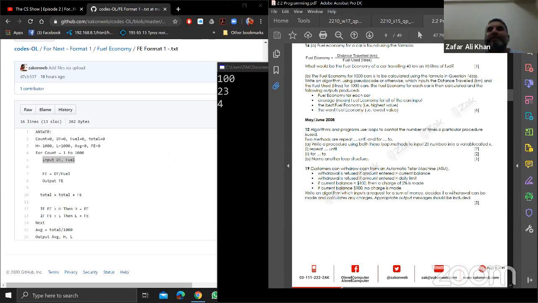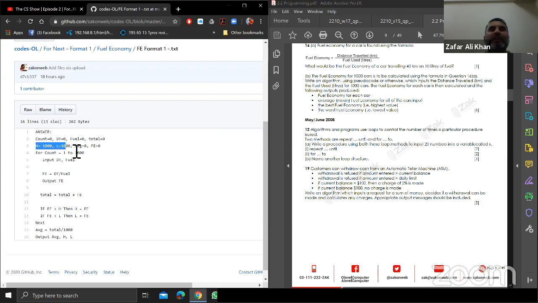Then it asks for the highest, the best fuel economy, and the lowest, the worst fuel economy. One standard statement is: if fuel economy is greater than highest, then highest equals fuel economy; and if fuel economy is less than lowest, then lowest equals fuel economy. Whatever values we give to these variables before the loop starts are called initialization, or initialized values.